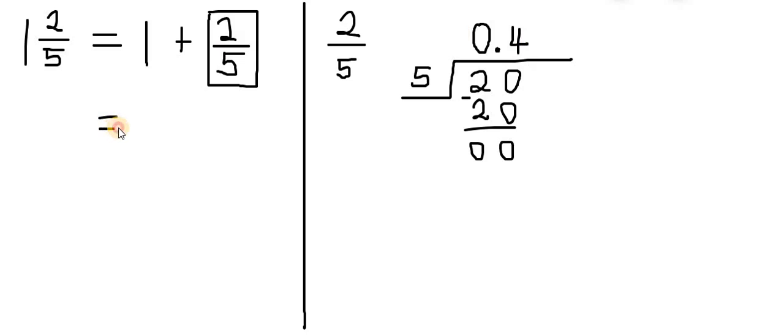Now, all we say is 1 plus, instead of 2 over 5, we use the decimal version, 0.4. And so, 1 and 2/5 is the same as 1.4. Okay? Now, try that again. 3 and 3/4.